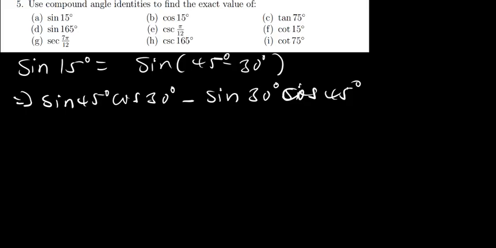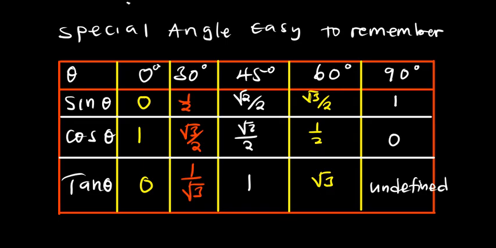So there we go. Sine 45 is root 2 over 2, times cos 30, which is root 3 over 2.